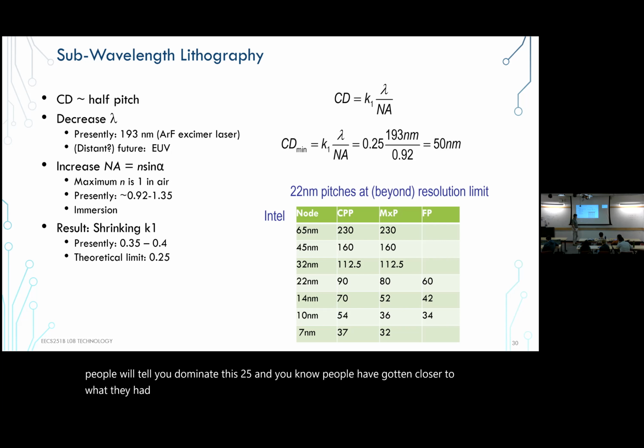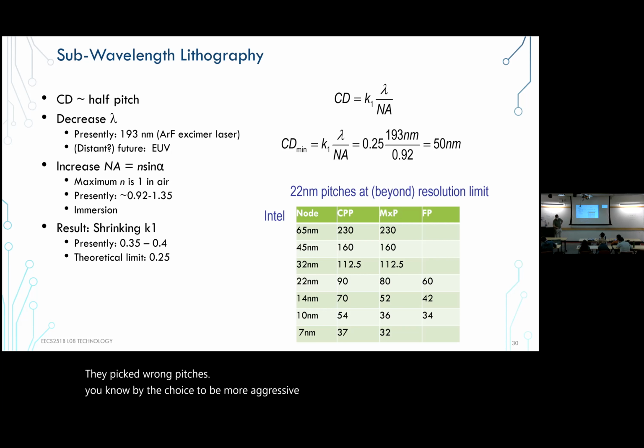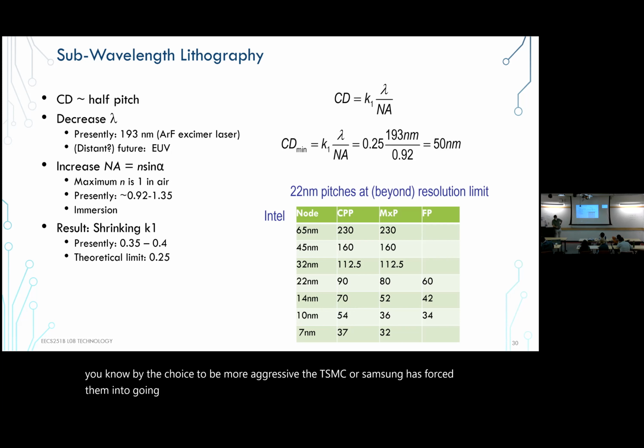So if you look at Intel's pitches here, here's what happened. Over here are pitches beyond the resolution. One thing the industry has noticed is that Intel picked pitches that, by choice, were more aggressive than TSMC or Samsung, which forced them into making multiple passes at each layer sooner than the others.